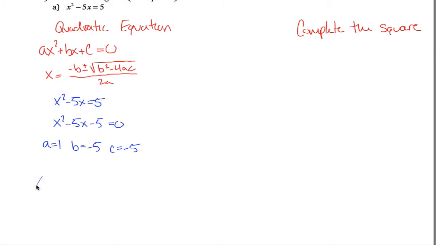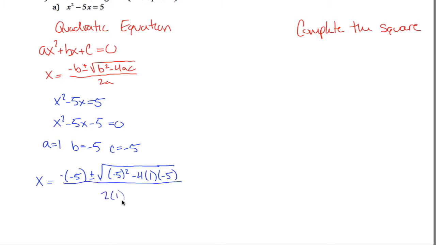So what I do is I go back to my quadratic equation, and instead of writing b, I write negative 5. Instead of writing a, I'll write 1. And instead of writing c, I'll write negative 5. If I can simplify this thing, it'll give me my answers.